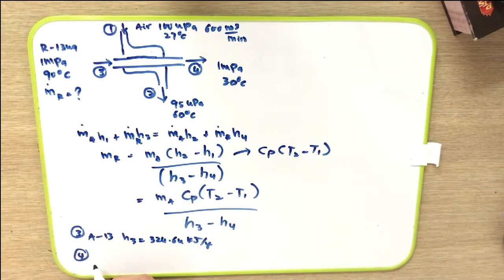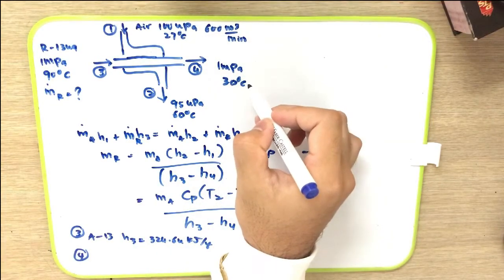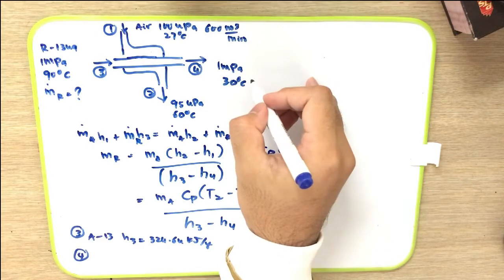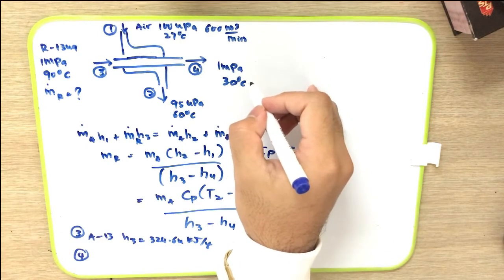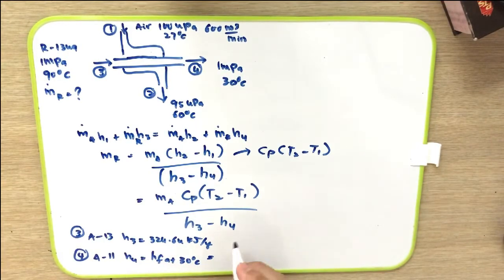For stream 4, after we check at 1 megapascal and 30 degrees C, we have found that the phase at this stream is compressed liquid. So according to table A11, h4 is equal to hf at 30 degrees C, and it is equal to 93.58 kilojoule per kg.